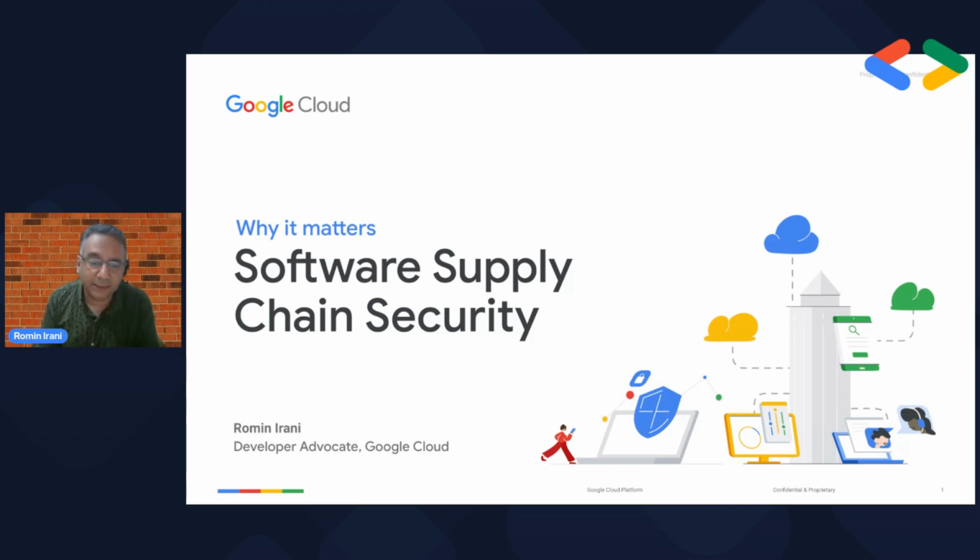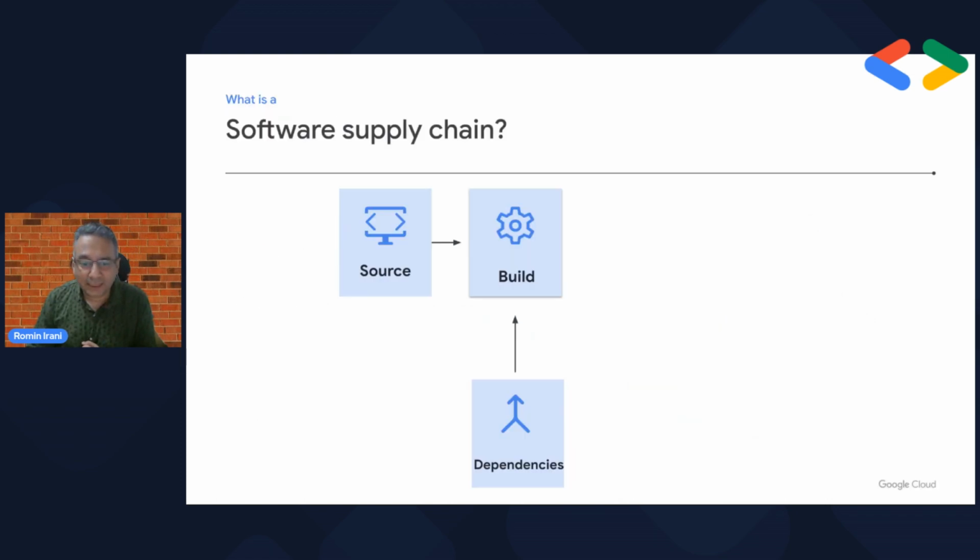My goal in this session is to make sure that you go back with a few messages around what you, as developers, need to do to ensure that the software you both build and consume is protected from various risks right now, both from attackers trying to put malicious code into it and from other vulnerabilities that you might unknowingly use depending upon the various dependencies that you use and so on. So let's get started with this.